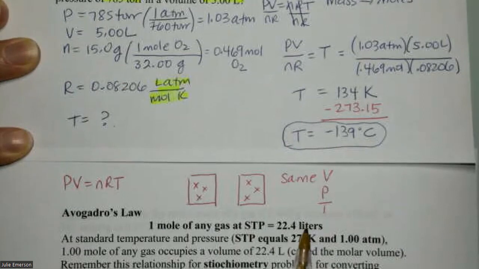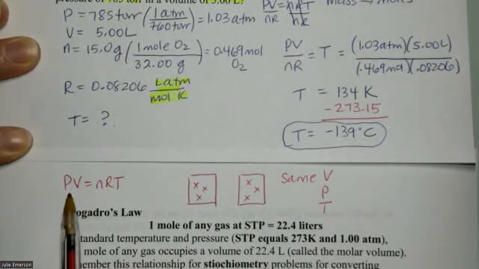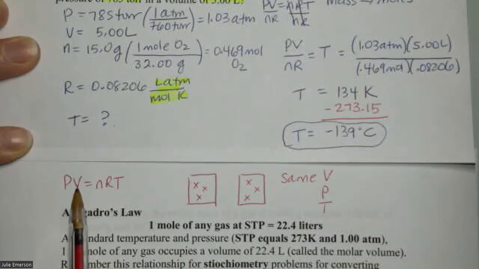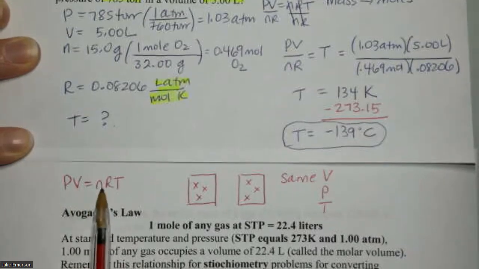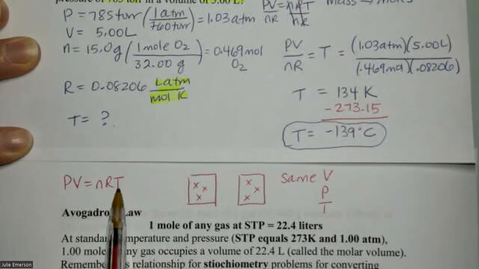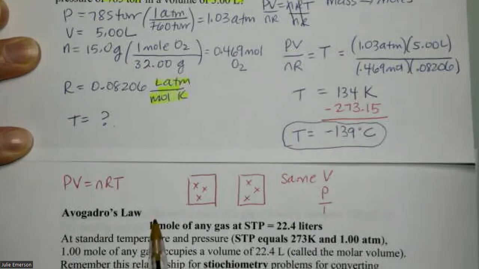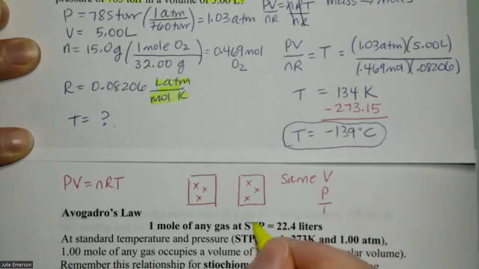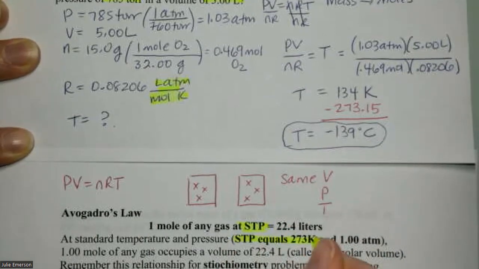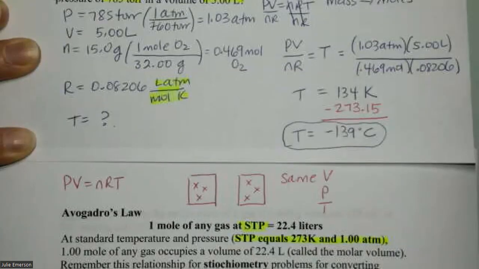If you look at PV = nRT, this is really what should be Avogadro's number. It's this 22.4, but they didn't ask me. If I use the ideal gas law and plug in standard pressure, which is 1 atm, volume unknown, 1 mole of gas, R 0.08206, and standard temperature of 273, I would solve for volume and get 22.4. So Avogadro's law or number is that as long as I'm under STP conditions, standard temperature and standard pressure, standard pressure is defined as 1 atmosphere.